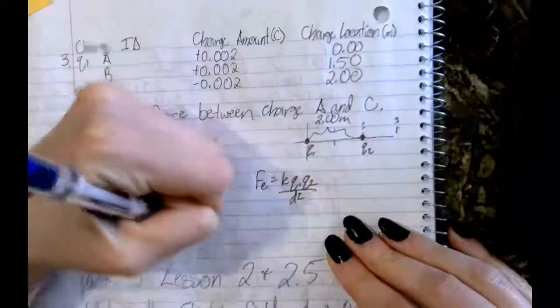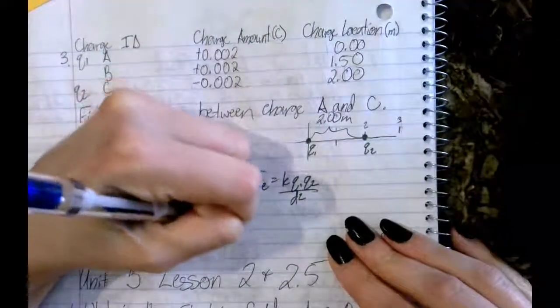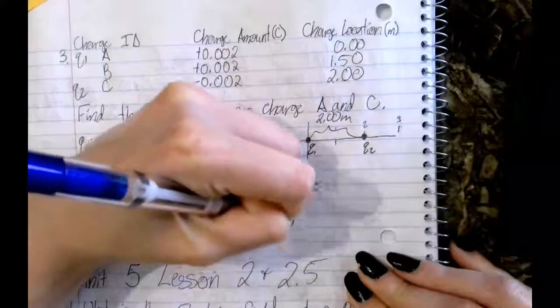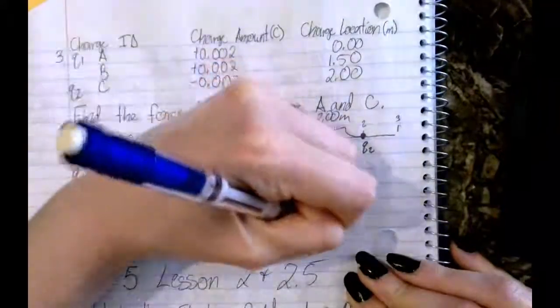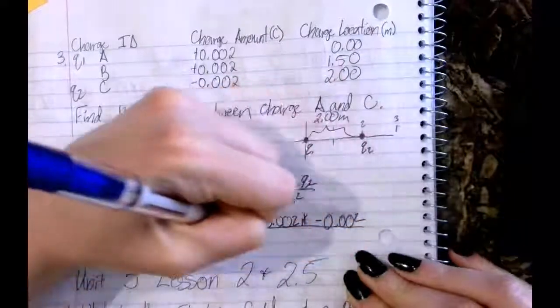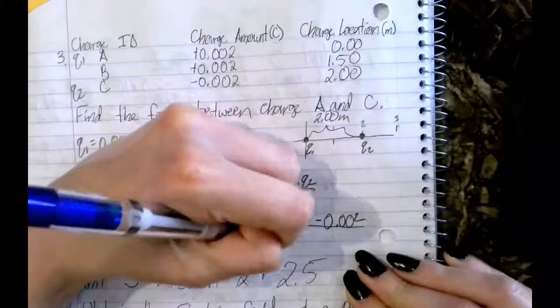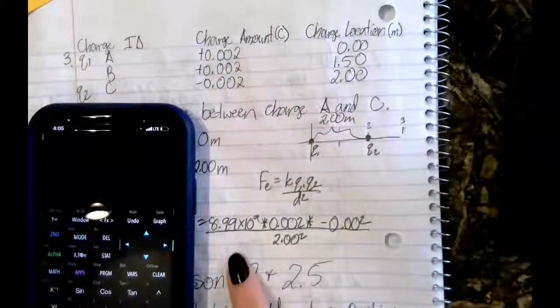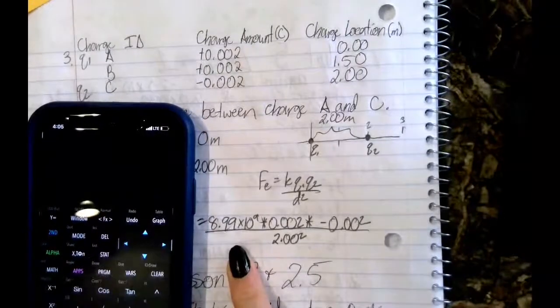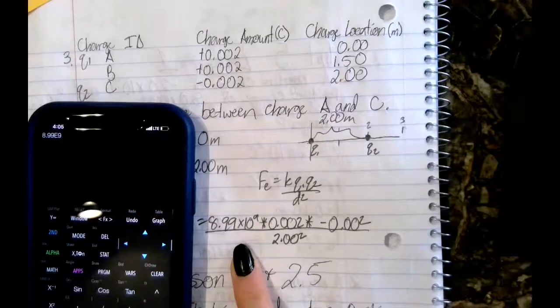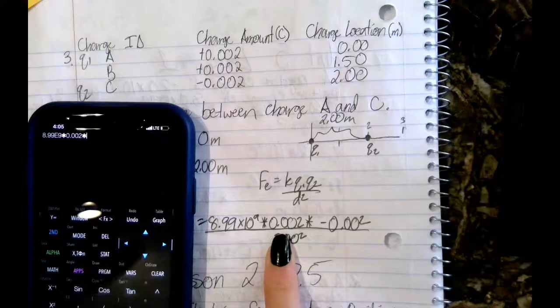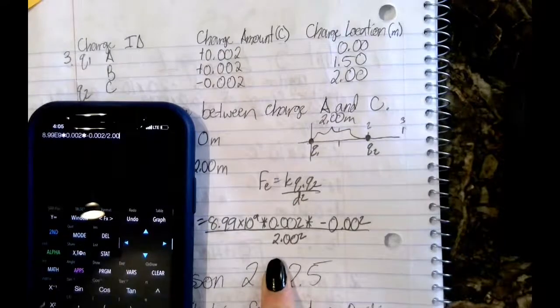Plugging in what we know. 8.99 times 10 to the ninth times 0.002 times negative 0.002, all divided by 2.00 squared. Whew, that's a lot of zeros.